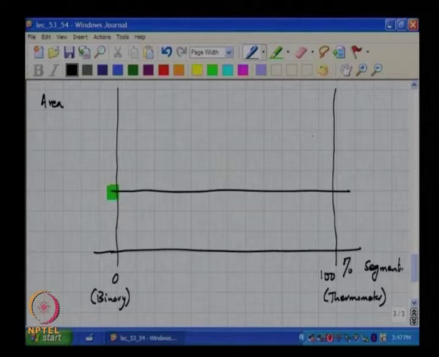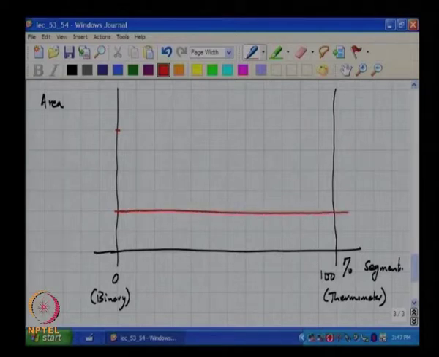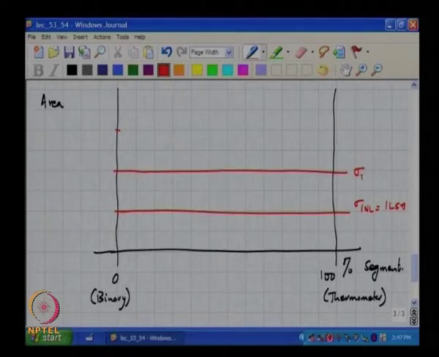So, let us say this corresponded to sigma INL of say 1 LSB, and this is some area A1. This will correspond to a sigma INL of half LSB.